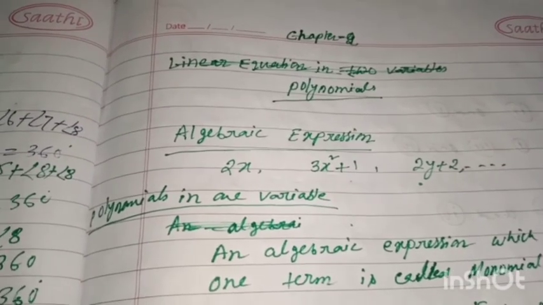You have to know about polynomials, linear polynomial, quadratic polynomial. Means, what is a polynomial? Then only you can understand other chapters also, because some of the chapters are linked with this chapter. That is why you have to know chapter 2. Okay? Then let's start the class. Chapter 2, Polynomials.